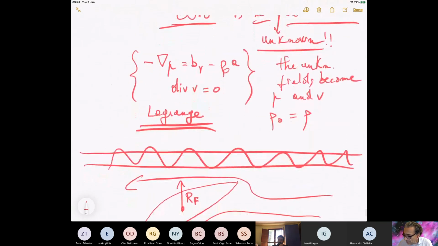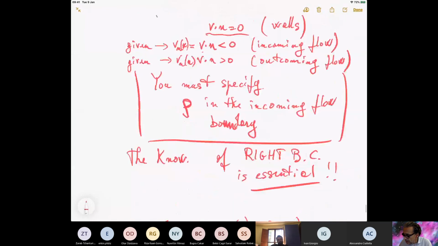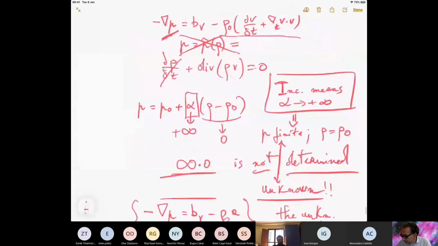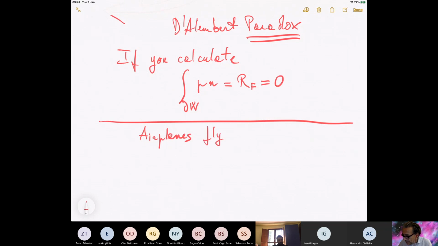Using these equations, but also using these equations. So you can hear even nowadays people saying that airplanes fly, birds fly, and scientists do not know why.